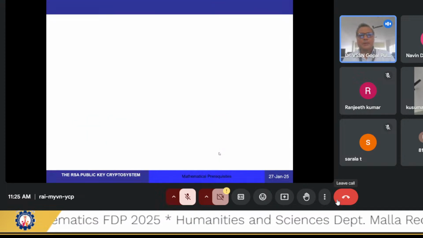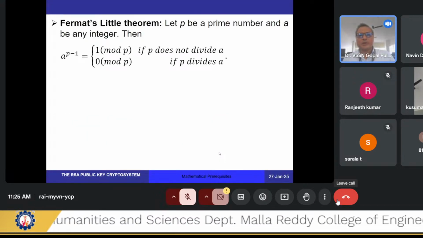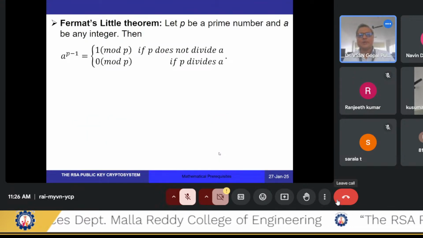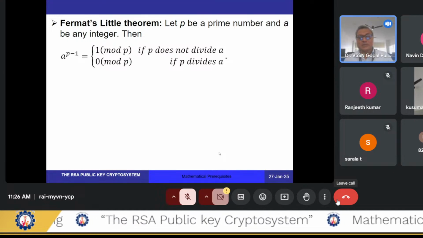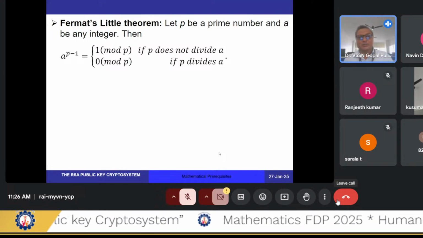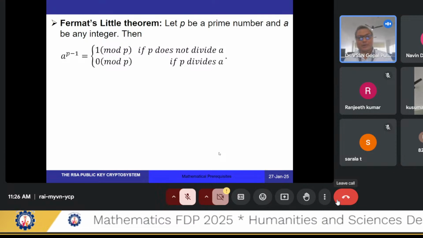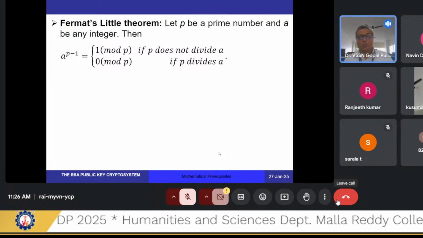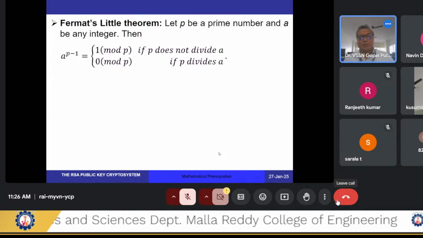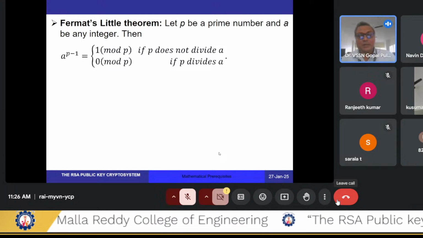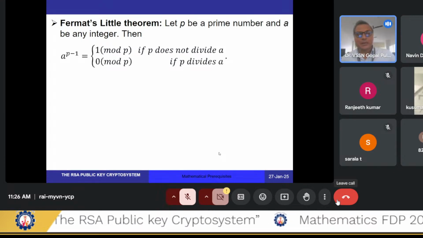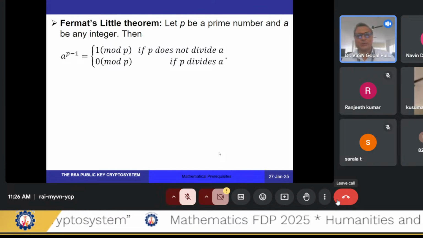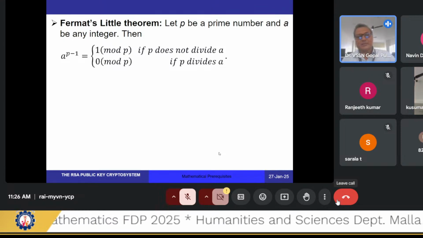This is how Fermat's theorem is defined. Considering p a prime number and a an integer, whenever we raise a to the power p minus 1, it gives 1 under mod p. This is the case when p does not divide a, and we get a power p minus 1 as 0 provided p divides a.